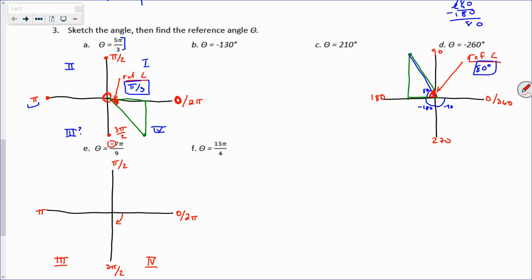So let's see, how does negative 7 pi over 9 compare? Now this seems really weird as well, right? But I'm not going to compare it to 3 pi over 2.